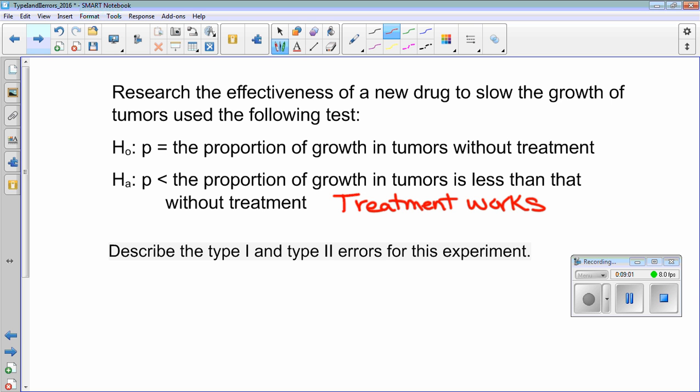All right. How about a type 1 error in context? What would it be in this situation? So remember, the null hypothesis here was that the treatment didn't work, right? Nothing worked. It stayed the same.